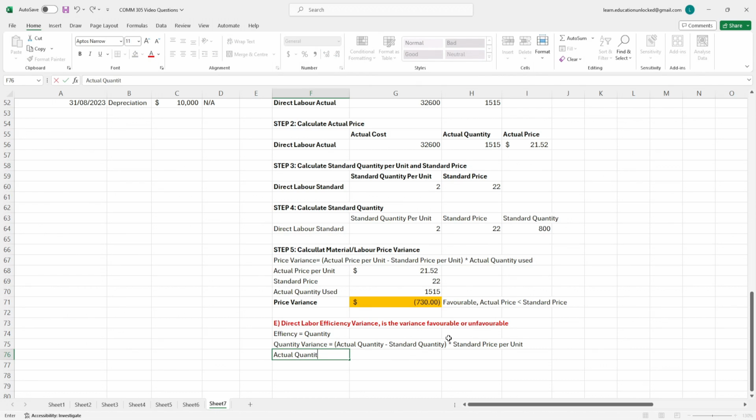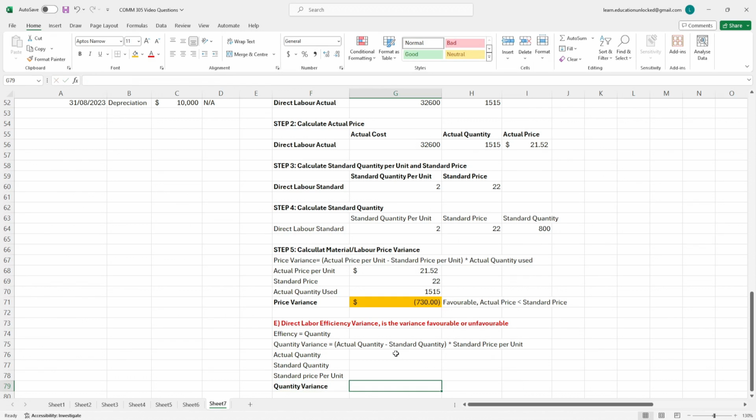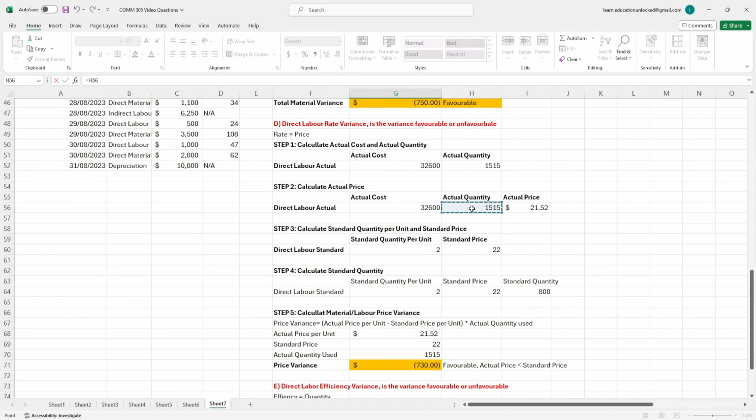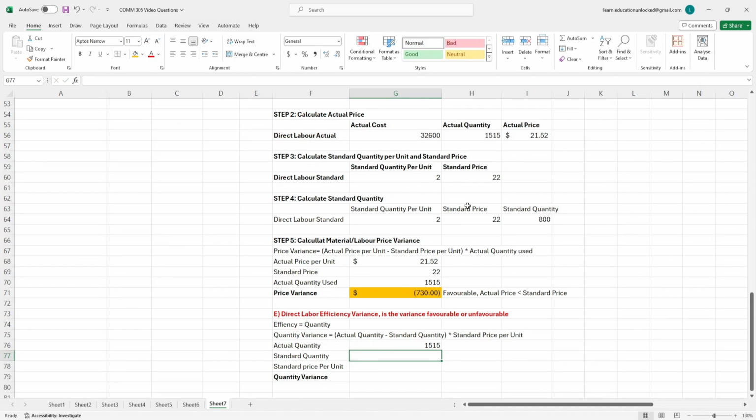Actual quantity is 1515, standard quantity 800, standard price per unit is 22. So there you go, we have everything already.